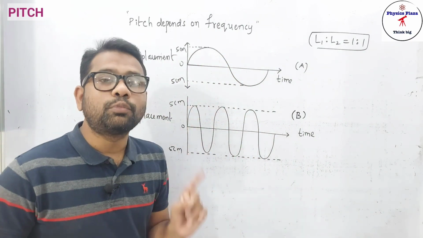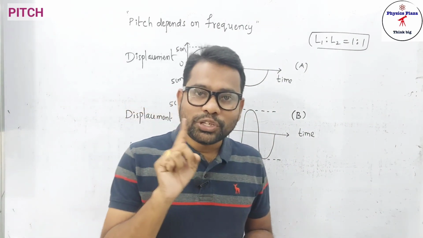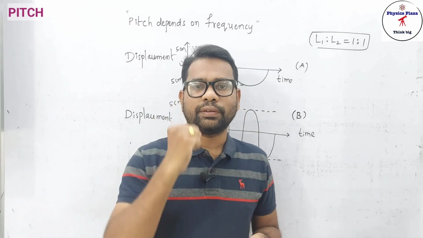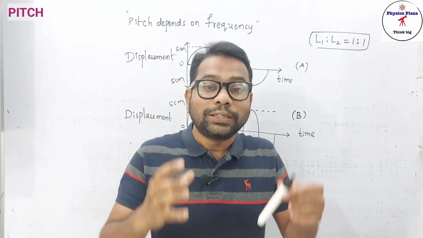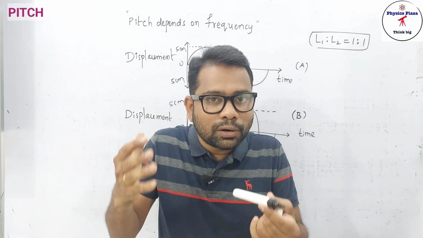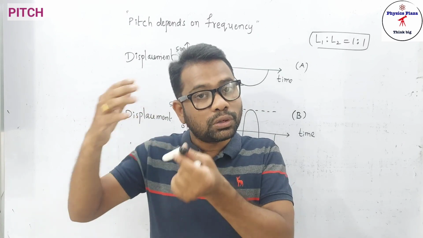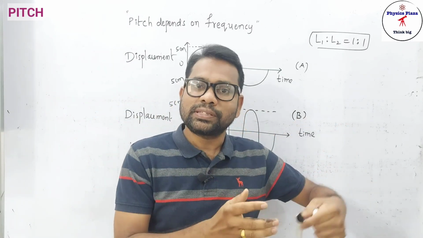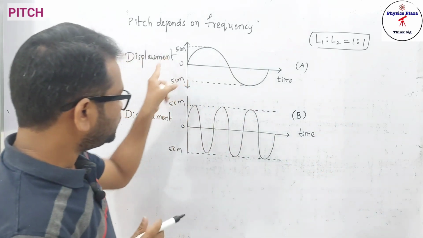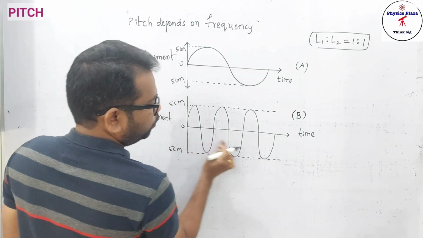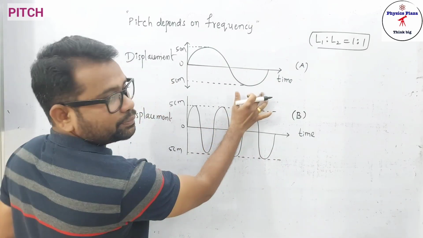Now which one will have more pitch, children? We know that pitch depends on the frequency. First let us find out which wave has more frequency. Children, what is the frequency? The number of waves produced in a second. The more the number of waves, the more the frequency. More frequency means more pitch. Fewer waves, less frequency, less pitch. Now out of these two graphs, wave B has more waves produced in the same time.